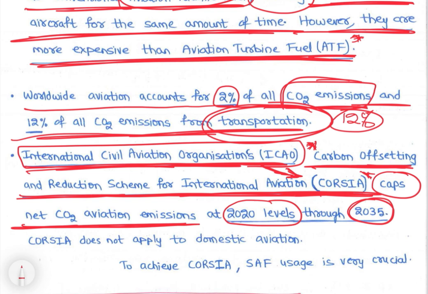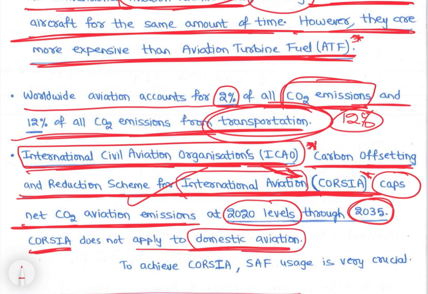They will keep CO2 emissions at that level, and will not emit more than that. Whatever CO2 we emitted in 2020, by 2035 we will emit that level only or less, not more than 2020 levels, right. That is their commitment. And CORSIA does not apply to domestic aviation, so this is only for international aviation, not for domestic aviation, right.